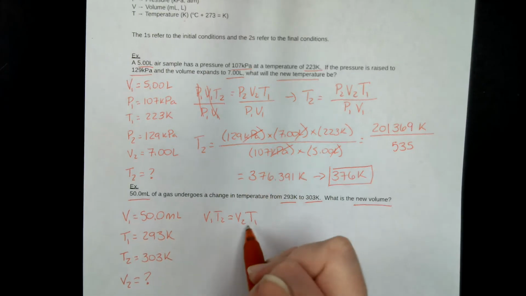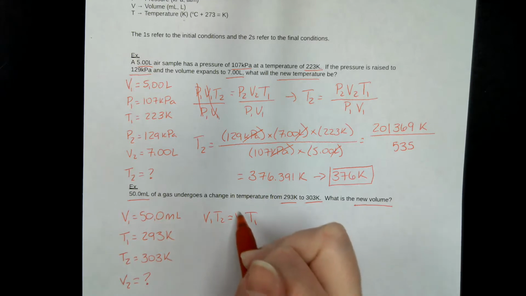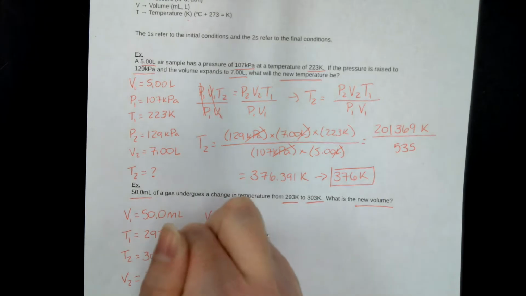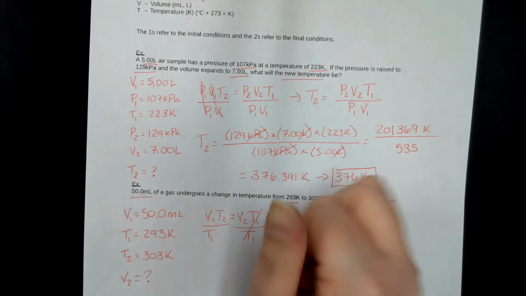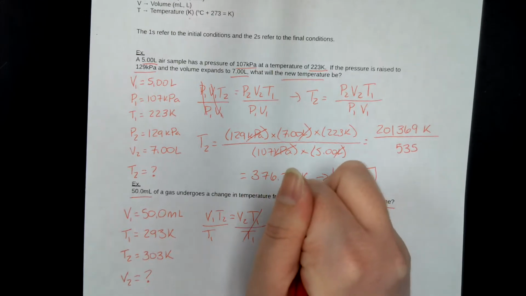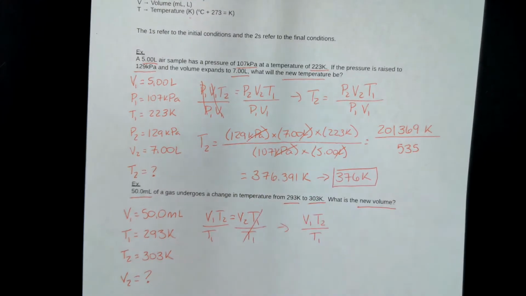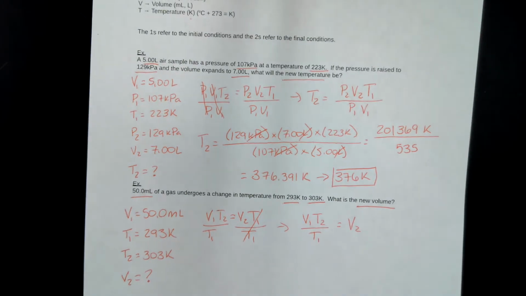So here, this time I'm solving for V2. So I need V2 alone on this side of the equation. So I can divide out by T1 from both sides, which gives me the equation V1 times T2 divided by T1 is equal to V2.